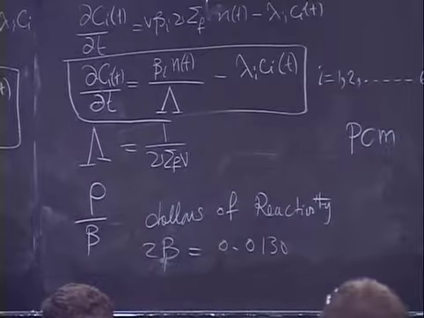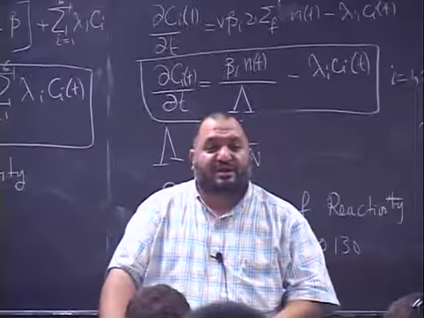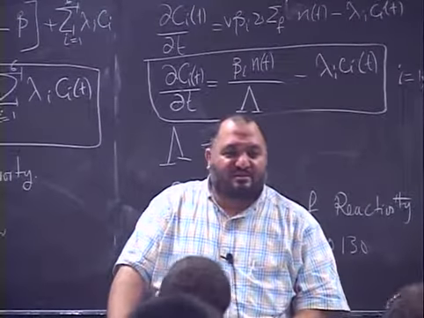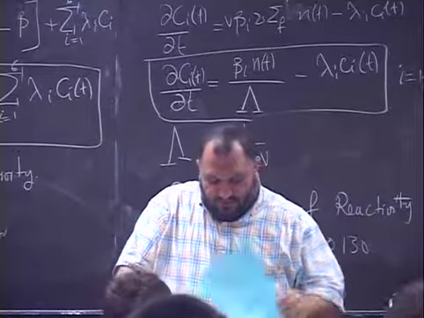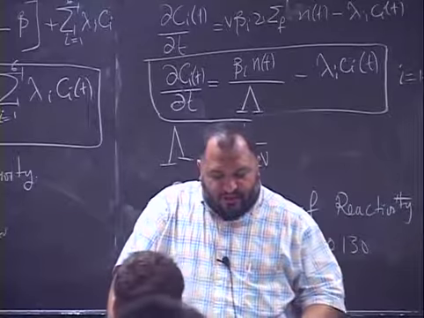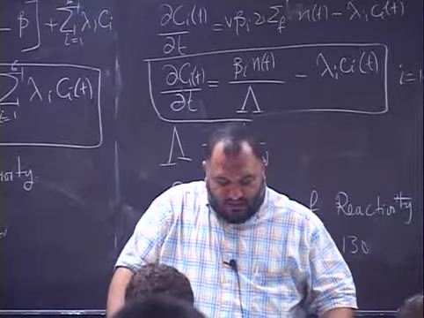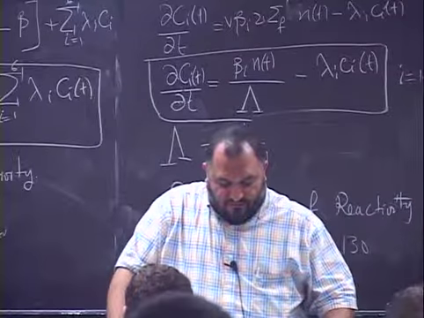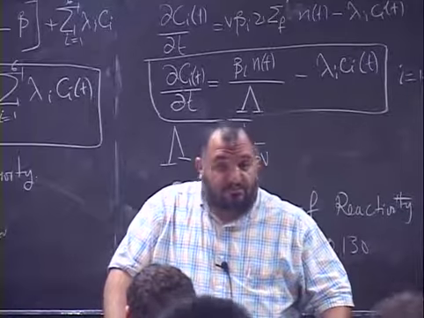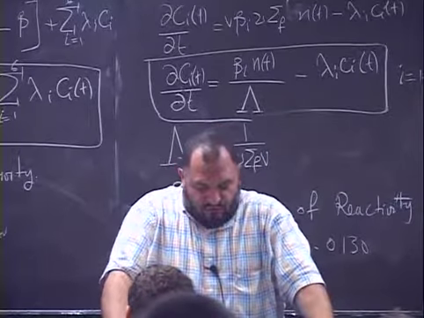So those are 7 equations, and they are simultaneously coupled differential equations. Okay guys? So we need to know tricks so that we will be able to solve those equations. Yes? We need to know how to solve those equations.